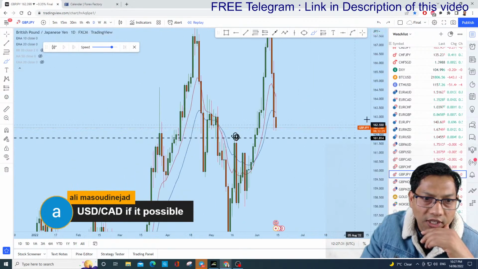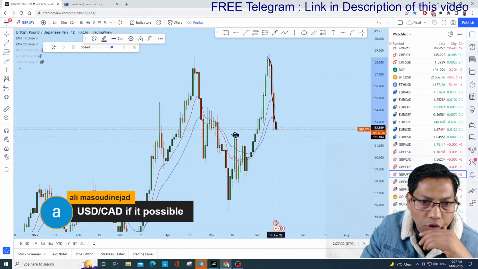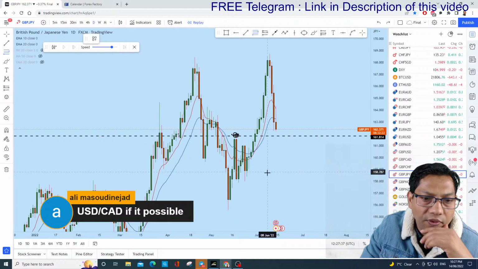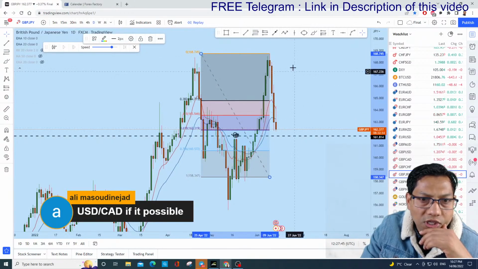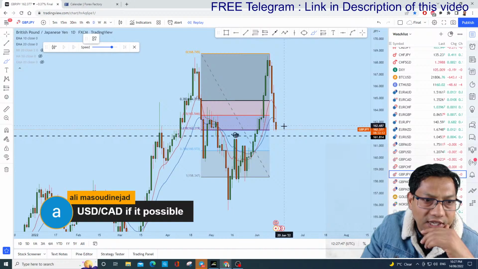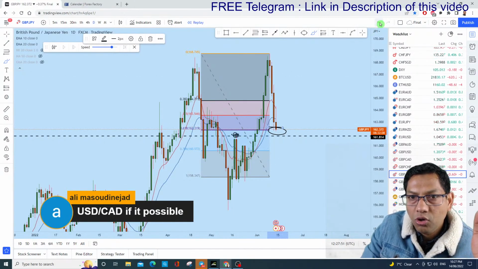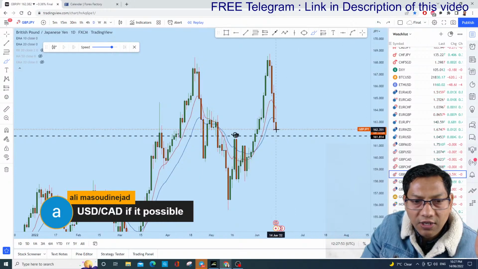At this point the price already dropped a lot, because it's an overall bullish market. If you take your Fibonacci from the start of this move to the end of the move, we see that GBP JPY almost retraced to the 61.8% Fibonacci level. It doesn't mean that it will be bullish.